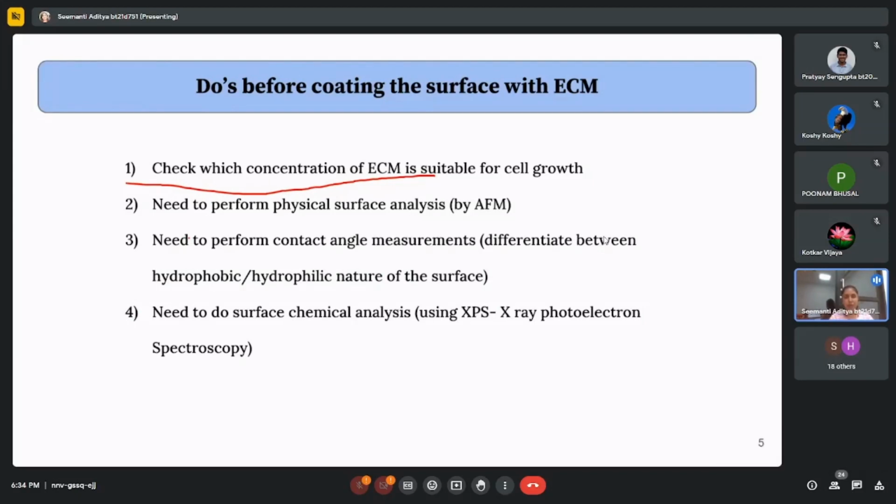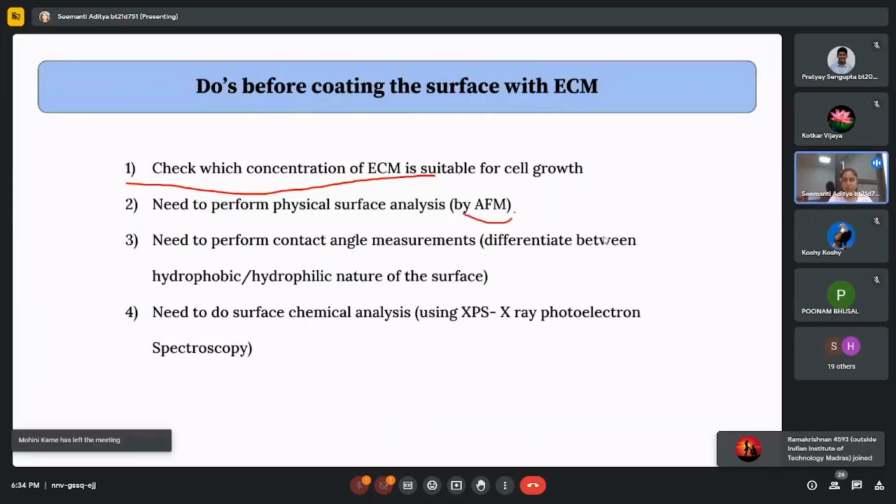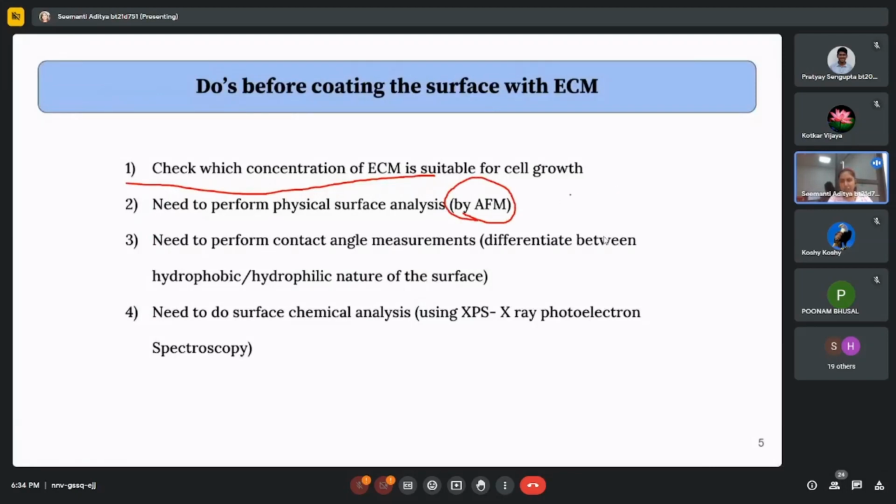Depending upon how rigid or how rough the surface is, we can detect it using AFM. AFM is known as atomic force microscopy. Atomic force microscopy helps in detecting very minute changes on the surface of anything.